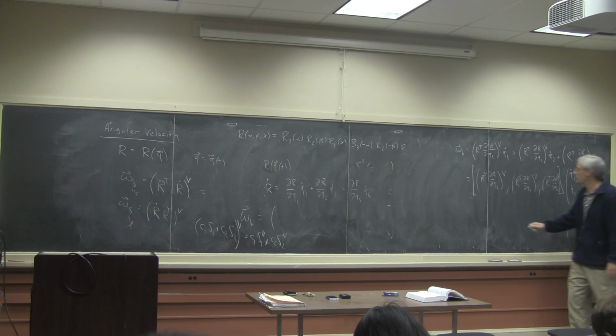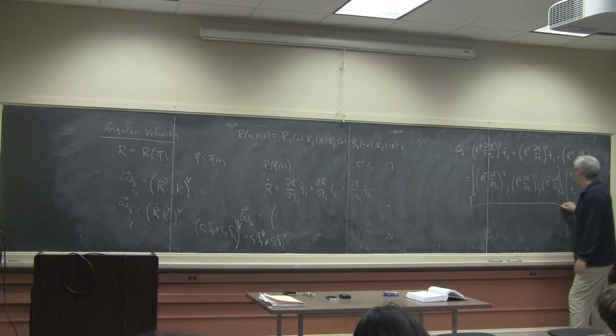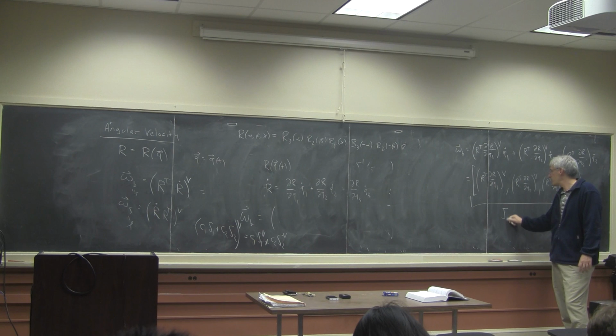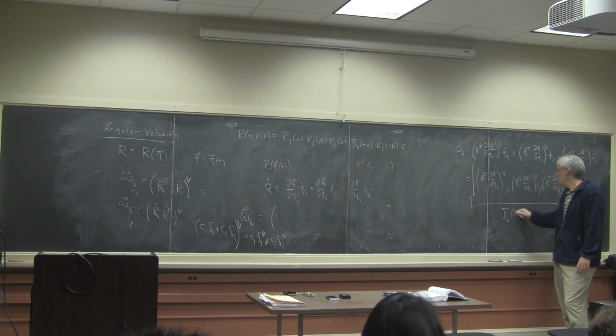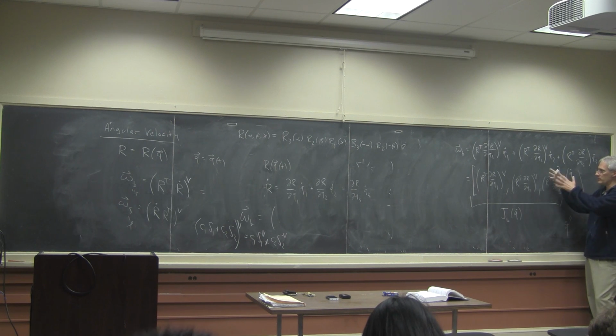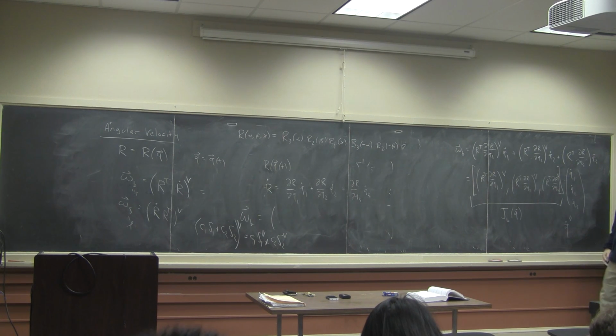This matrix is called the Jacobian matrix, the body fixed Jacobian matrix, and it depends on Q. Inside the matrix the elements depend on Q1, Q2, Q3, the parameters used to describe the rotation.